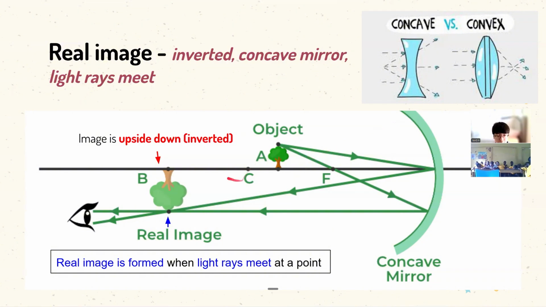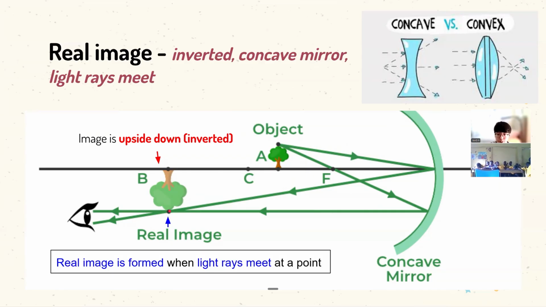But when we're talking about the real image, we're looking at objects through a concave mirror. So the object looks inverted, upside down, where the light rays meet. So the light rays meet at this single point over here. When the object's light reflects off the concave mirror, it produces a real image over here in this area.